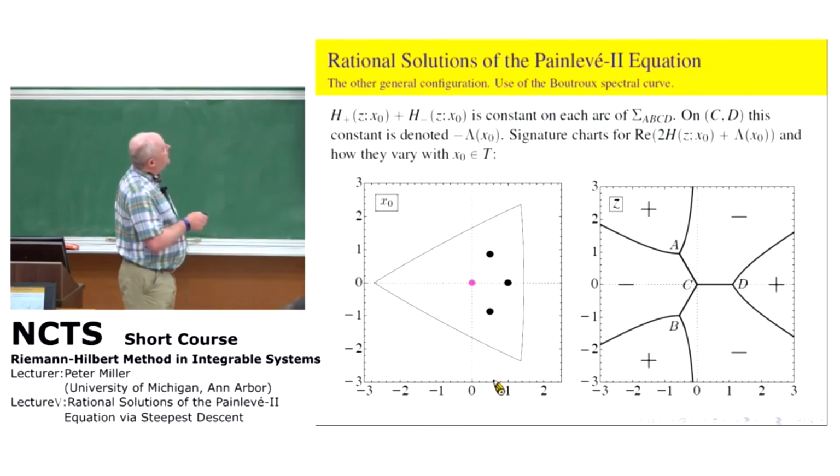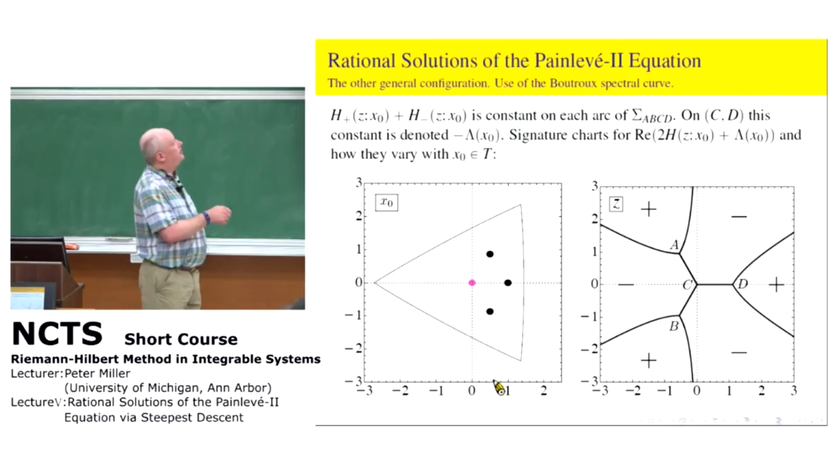So h plus h minus is, as it happens, constant on each arc of this branch cut contour. On CD, the constant will be denoted minus capital lambda of x naught. Unlike little lambda of x, this turns out to not be an analytic function of x naught, but it's a smooth complex valued function of the real and imaginary parts of x naught.